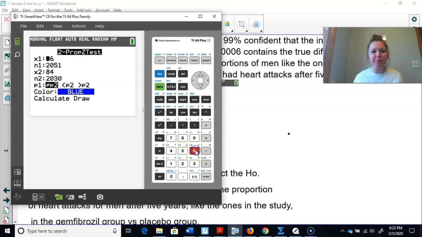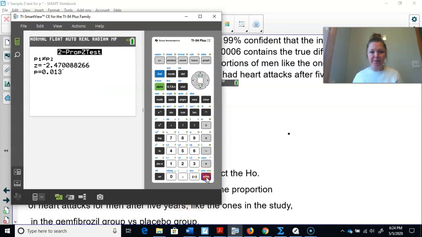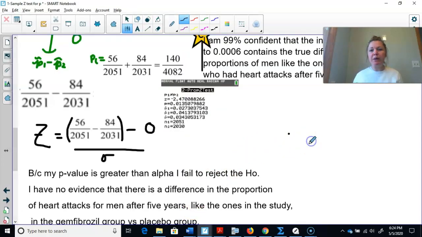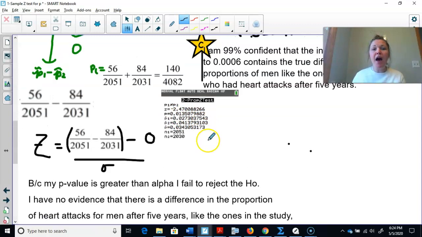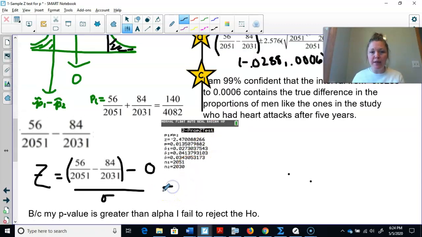Forgive me. Okay. I have it already typed in there for us. We're doing a not equals to, and we're going to go ahead and calculate. Okay, and I already brought the statistics over here, okay? So my Z-score is negative 2.47, okay? My p-value is right here, 0.0135, okay? And so I would want to write down that Z-score of negative 2.47.